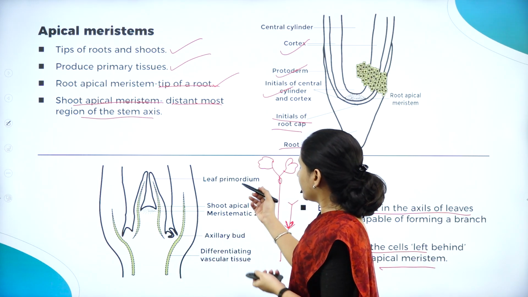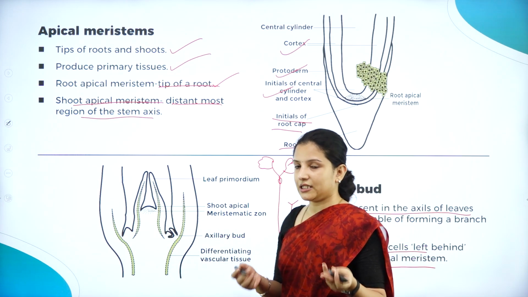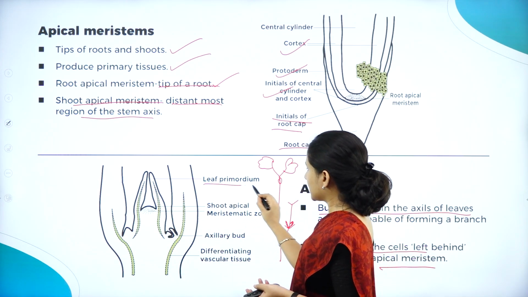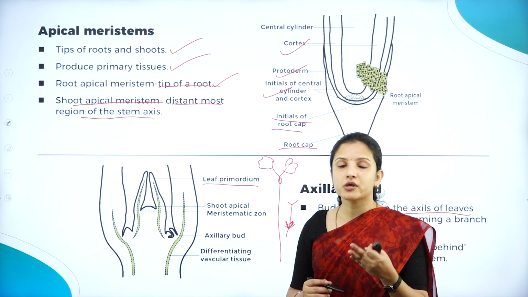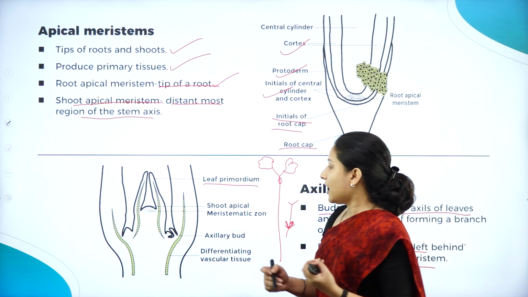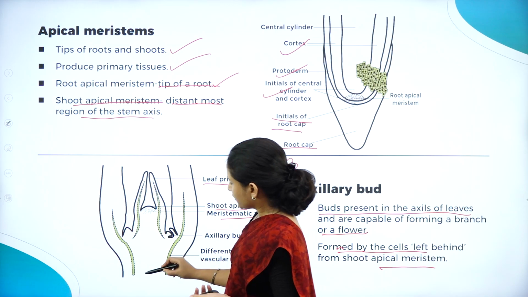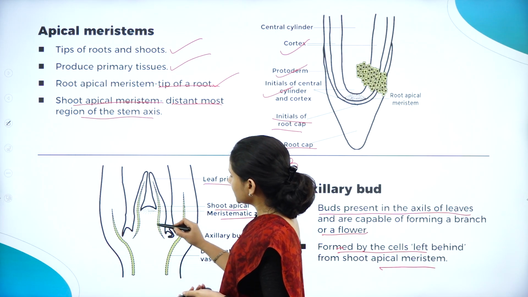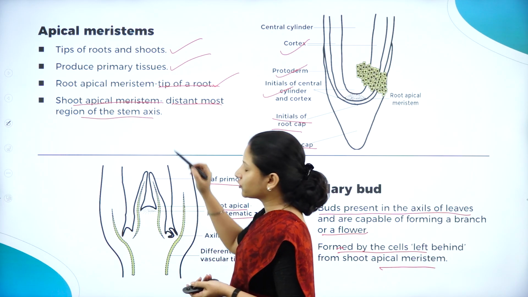Next, we can see here the leaf primordium, that is at the axil. It is at this region that either the development of a new leaf or the formation of a new bud occurs. Next comes the shoot apical meristematic zone. As I told you, the small shoot grows, and again here the cells will divide, branching will take place, and again the shoot will develop.